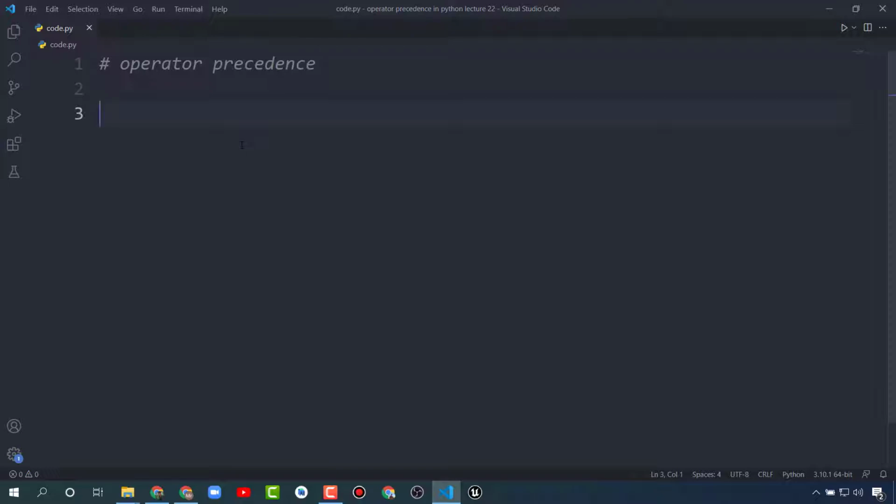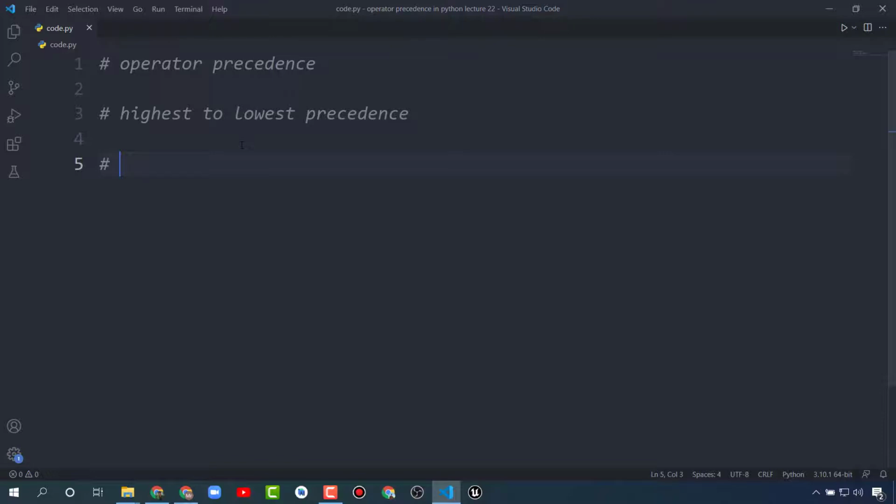So we have the precedence. Precedence means priority: which operator has the highest priority and will be performed first in an expression. So here is the order from highest to lowest precedence.